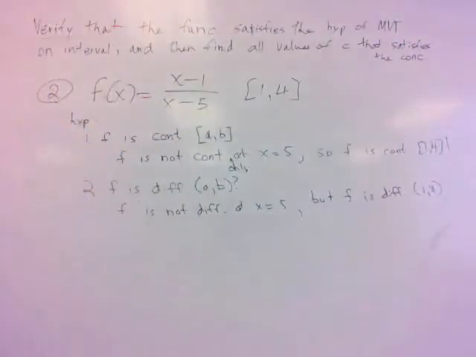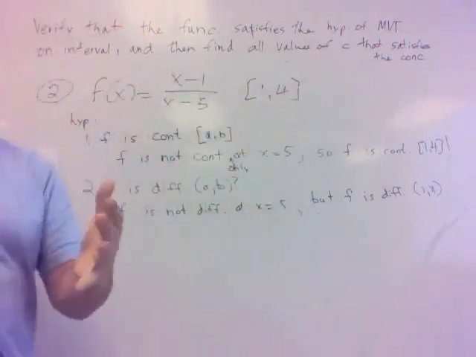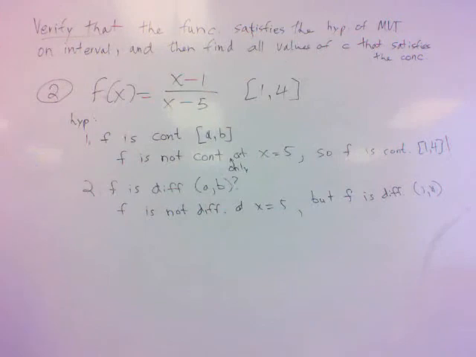All right. So we're okay. Now if that had said 1 to 7, that would have been a problem. The hypotheses would not have been satisfied there, but it's okay.